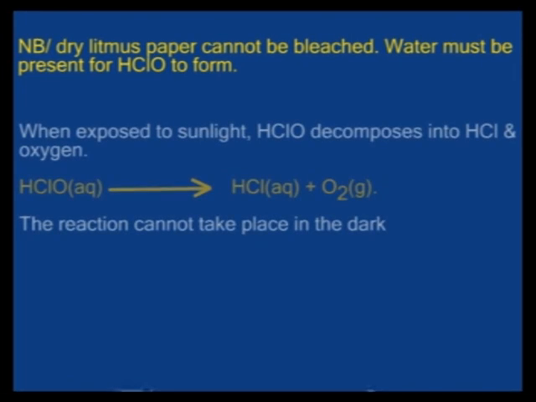Because water must be present so that chloric 1 acid is formed. So if you immerse a dry litmus paper in a gas jar containing dry chlorine, nothing will happen. You need water. When exposed to sunlight, chloric 1 acid decomposes into hydrochloric acid and oxygen gas. Now, this reaction cannot take place in the dark.